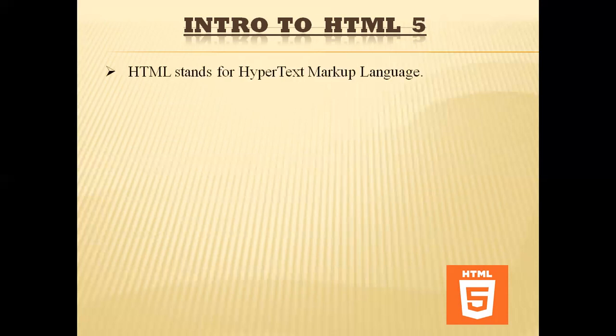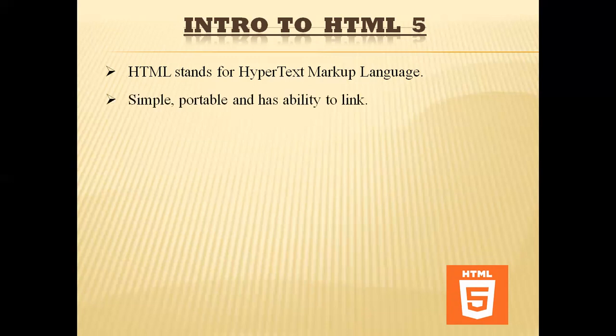HTML stands for Hypertext Markup Language. Hypertext means interconnection of all the web pages, and markup means here we will be using something called as tags, T-A-G-S, tags, but they are used only to format the text and should not be shown on the output.